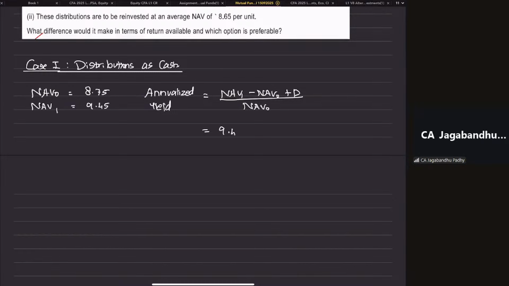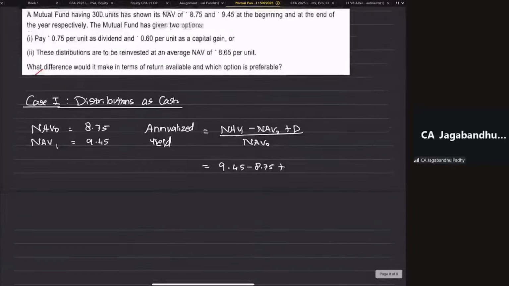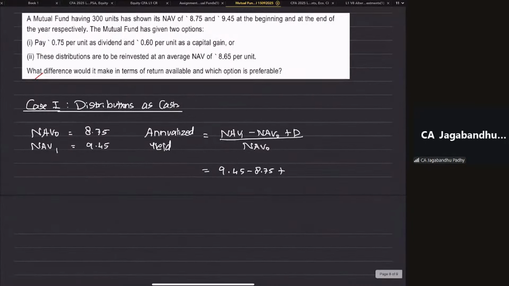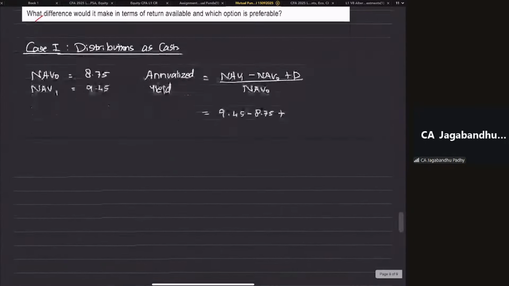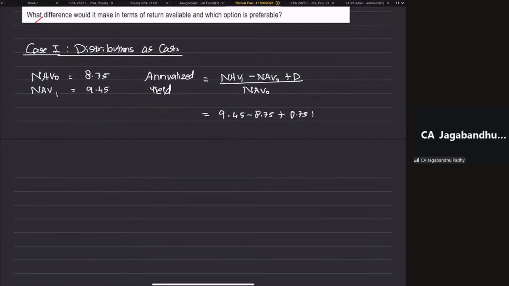This is 9.45 minus 8.75 plus distributions of 0.75 and 0.6, upon 8.75. So how much is this number, guys? 9.45 minus 8.75 plus 0.75 plus 0.6 divided by 8.75.